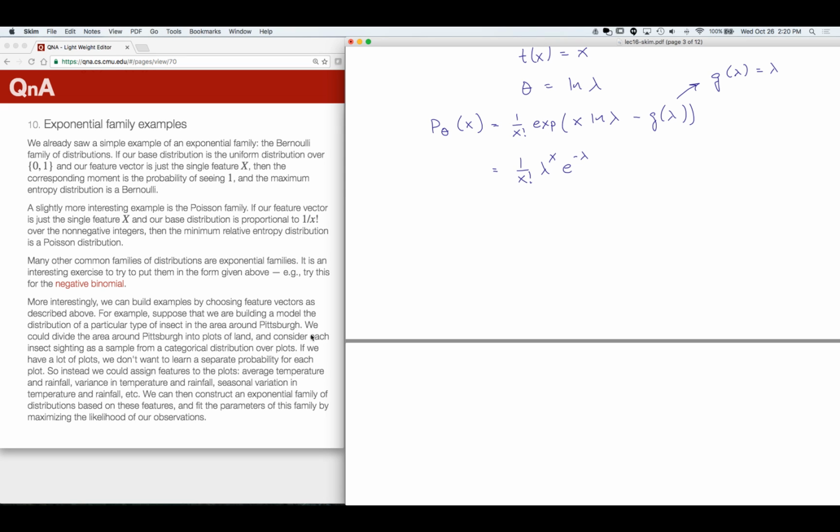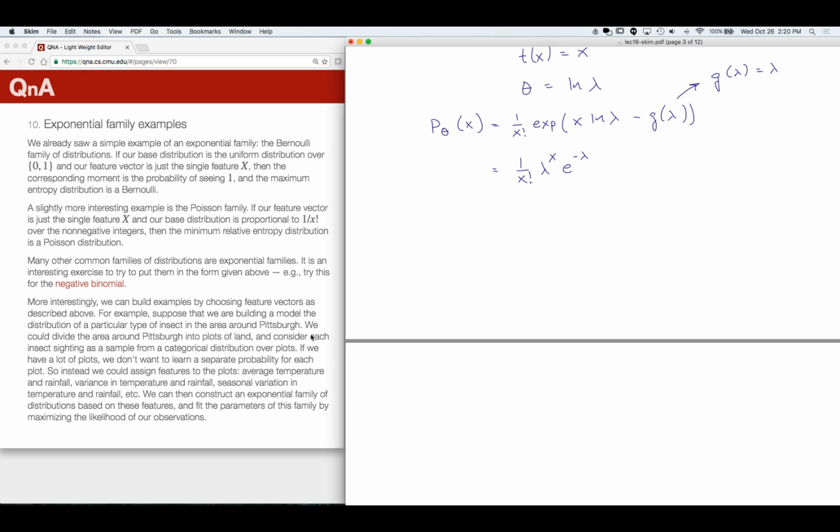Whenever you get the next sighting of the insect, what plot of land is it going to be in? And so, you could imagine dividing the greater Pittsburgh area into 100 meter by 100 meter squares, right? And that would be a lot of plots of land. And so you wouldn't want to learn a separate probability for each one of those plots of land.